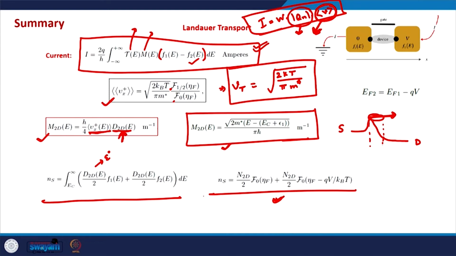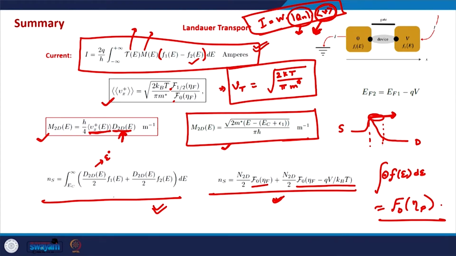Wherever we just have the integral of the Fermi function dE and something that is not a function of energy, we generally obtain the Fermi-Dirac integral of order 0 after simplification. For example, in these expressions we are obtaining Fermi-Dirac integrals of order 0, because the density of states is independent of the energy.